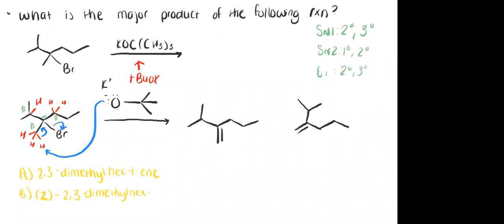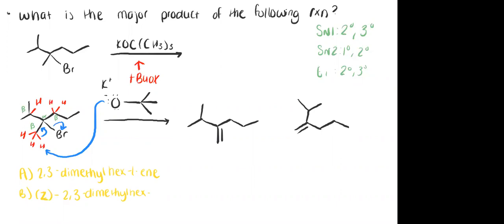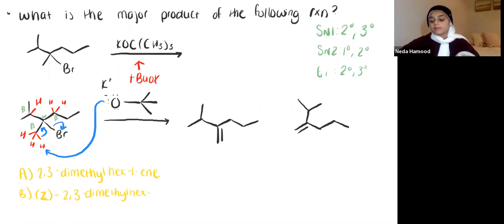What is the other letter? I'm trying to think. It's when you're doing E and Z. So that's when you're looking at double bonds.